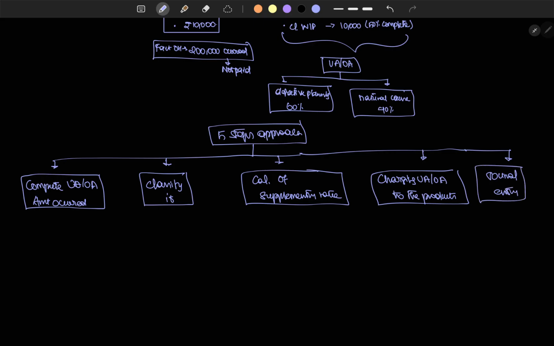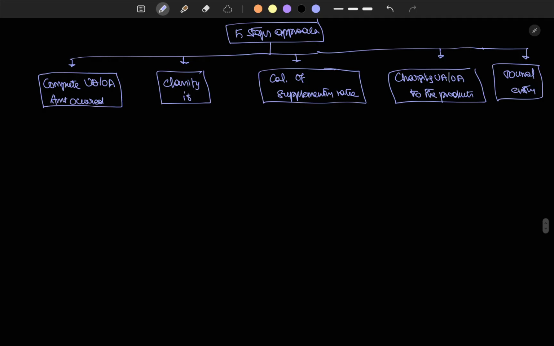So we are going to compress this entire sum into a 5-step process. So let's take the first one, which is computation of the under absorption or over absorption amount.